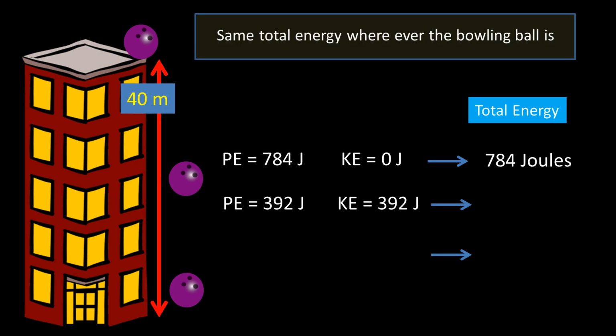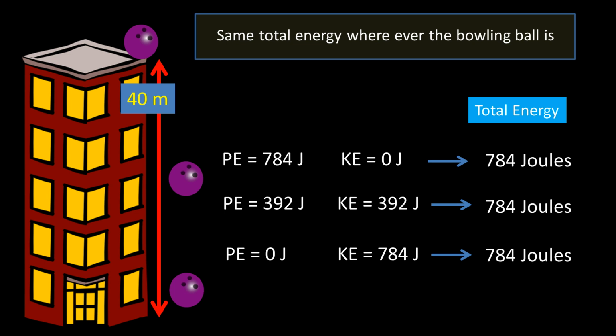Halfway through, PE was 392 and KE was also 392, so it was a 50-50 split. When we add that together, we get, again, 784 joules. Total energy equals the same. And then lastly, when it's just about to strike the ground, we have a potential energy of 0, and all of the energy now is in kinetic energy, and that was 784, and our total energy again is 784.